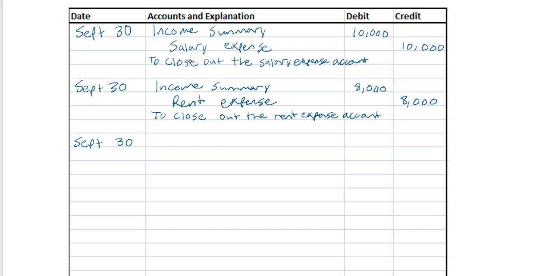The next one we will close will be utilities expense. And to bring it to a zero balance, we will debit income summary and credit utilities expense for the full amount which currently sits in the account.